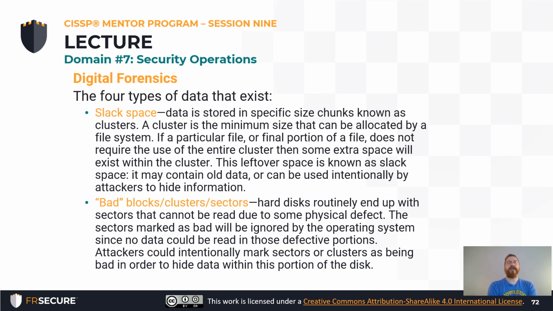If you have a file that is 2.5 megabytes, the whole chunk is going to be 3 megabytes, but that half a megabyte that's not part of that file, that's your slack space, right? It could have old data in it, but a lot of times it will be used by attackers to hide information. So they'll create a file that is not the full size of the cluster, and then hide data within that.